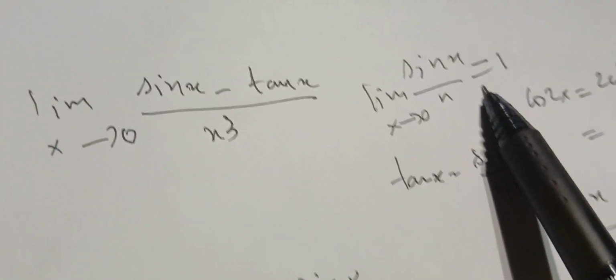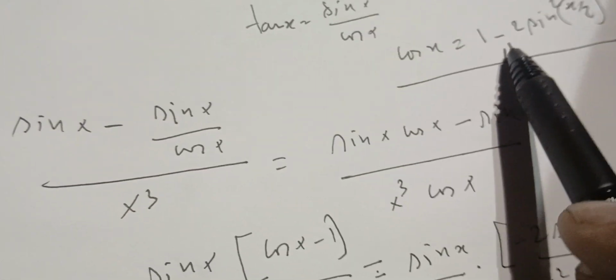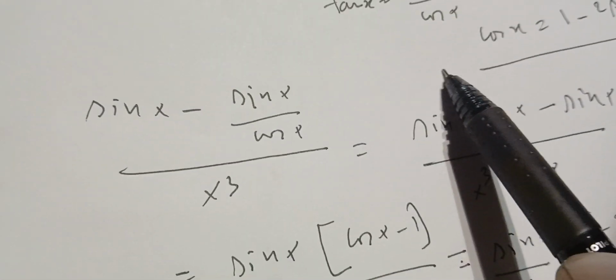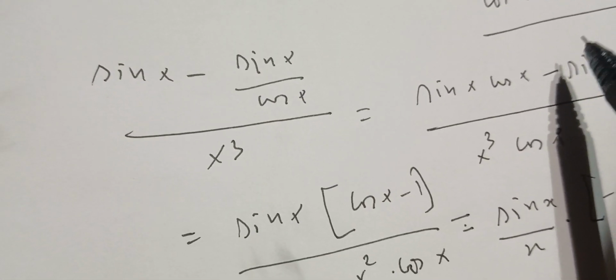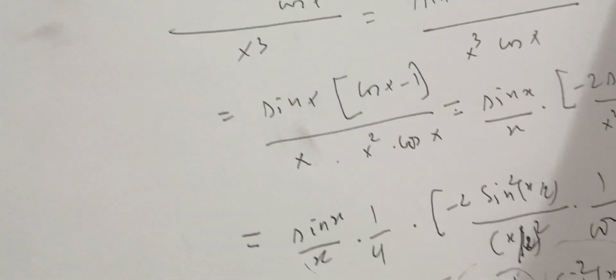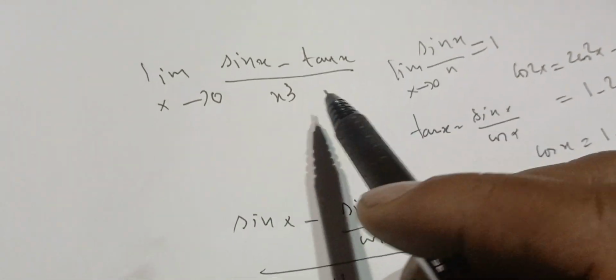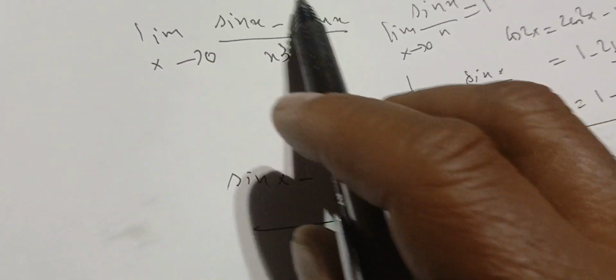Without these formulas, without this limit, without this manipulation, we couldn't have solved this problem. So we are using our trig properties to solve it. There is another way, but it's longer: we use L'Hopital's rule.